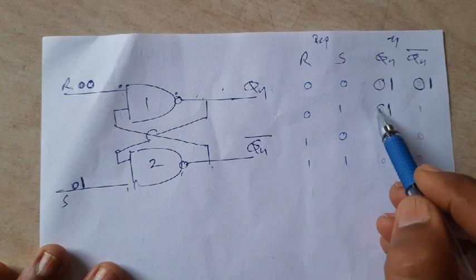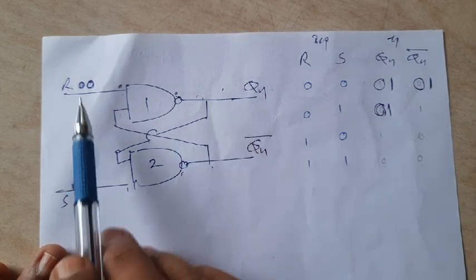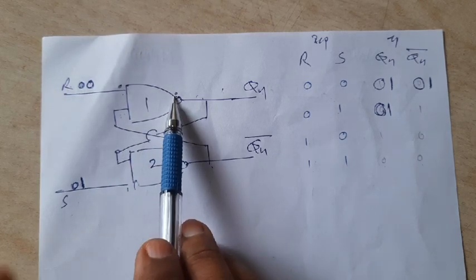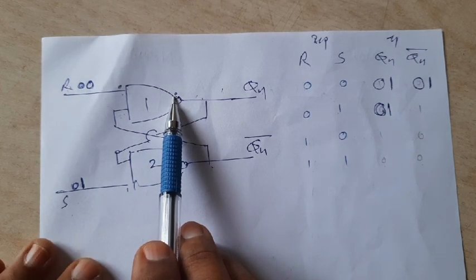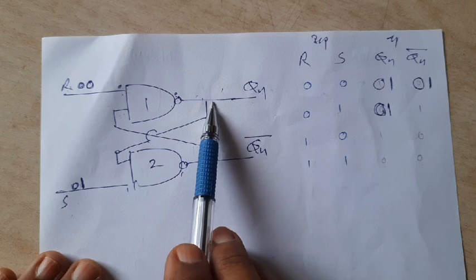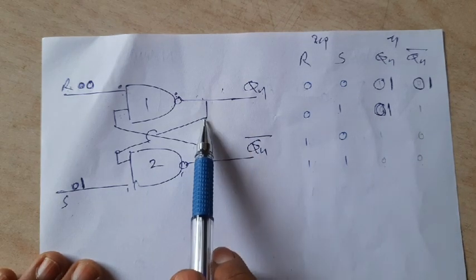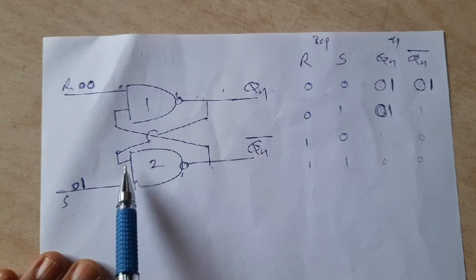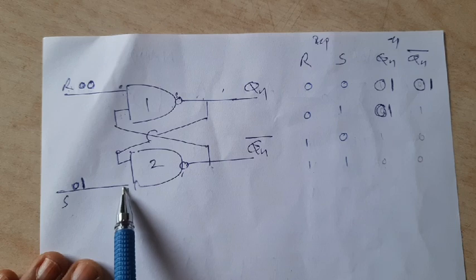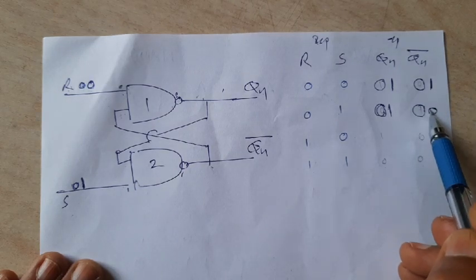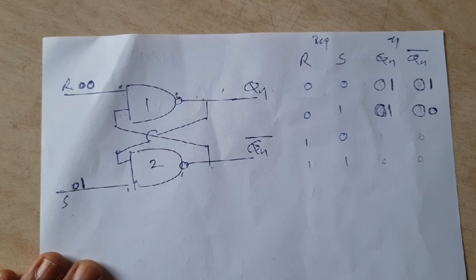See, R is 0, so the output of this AND gate is 0 and it is complemented, so it is 1. This one acts as input to the NAND gate, therefore both the inputs of the second NAND gate are 1 1, so the output will be 0. So therefore here it is 0, right?